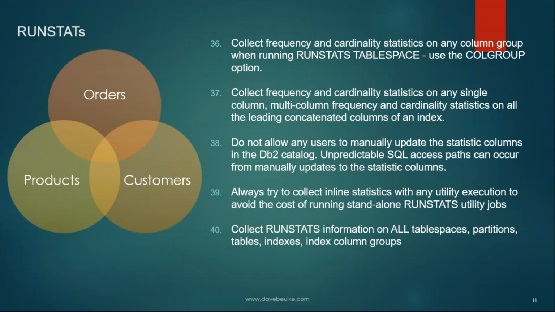I always try to collect statistics against any part of the database with every execution of a utility, so I can avoid the cost of running standalone RUNSTATS. The other aspect, when you're running RUNSTATS against these large tens of billions of rows, is that your sampling is very minimal, because the process would be CPU intensive and a killer for collecting all the stats.